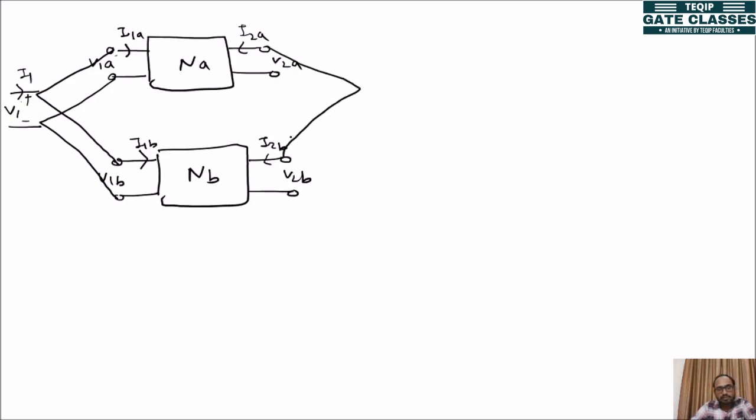Similarly you can make it here also. So you can draw like this, and here it will be V2. This will be I2, right? Here you can have the conditions: V1 is equal to V1A is equal to V1B.